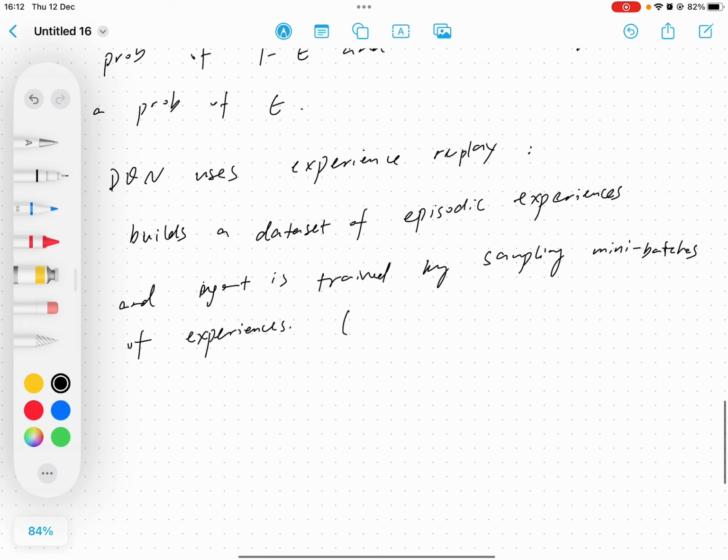Normally this is to avoid the correlations between the previous and next states and actions.